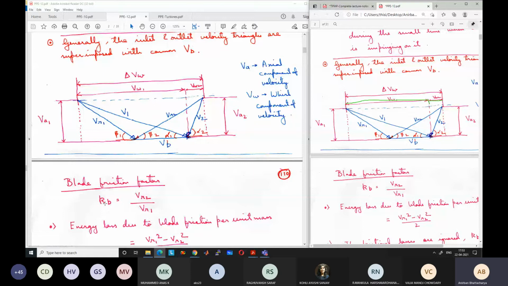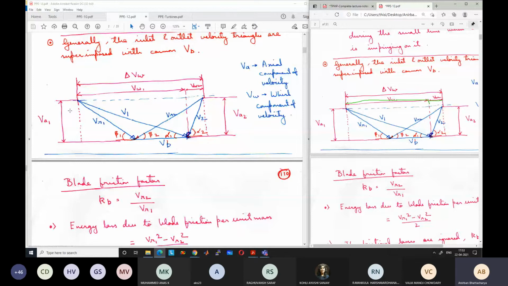Okay. So again, if you consider the whirl component for the relative velocities also, it will be the same, right? So ultimately, the change in whirl component remains same. The change in whirl component for the relative velocity is also delta VW. What is the change in the axial component of velocity? Initial axial component of velocity was VA1, in this direction. If you consider the vertical component, it was VA1.